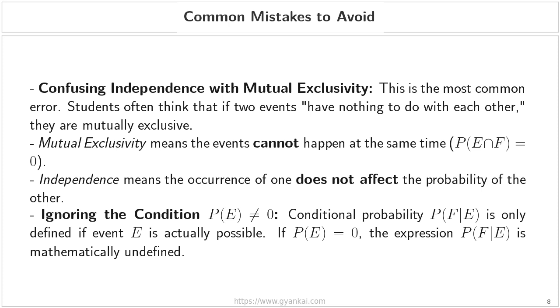When we are working with the formula for conditional probability, we must never ignore the condition that the probability of event E is not equal to 0. We can only talk about the probability of F given E if event E is actually a possible outcome. If the probability of E is 0, then the expression, the probability of F given E, becomes mathematically undefined.